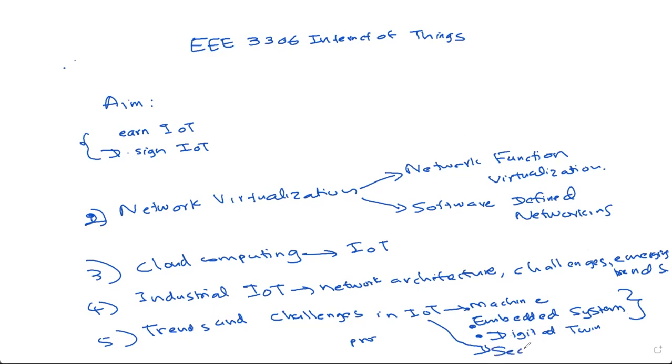The security and privacy of data is one of the main challenges with IoT. So I have summarized what we are going to be covering in this module, in sequence.